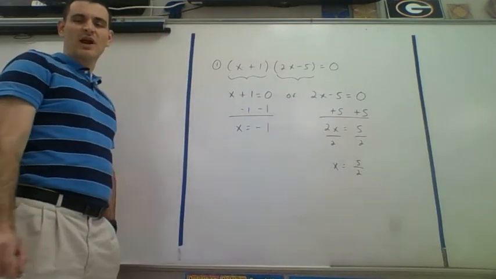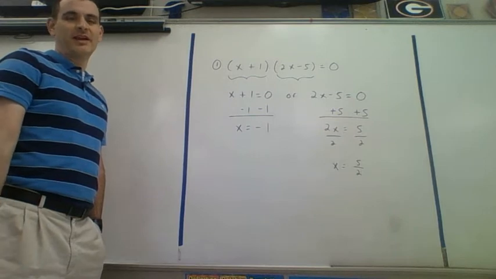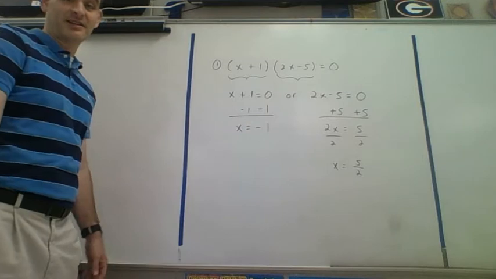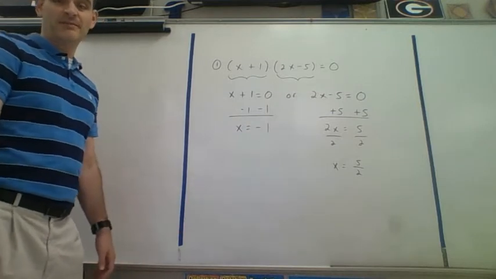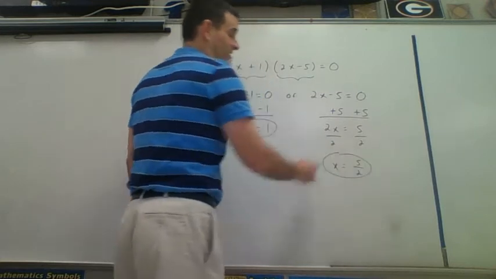Notice I did solve those rather quickly, but at this point you should be fairly able to solve linear equations. And just by watching the process with no explanation should be sufficient, and you've been able to do that. So x is negative 1 or x is 5 halves.